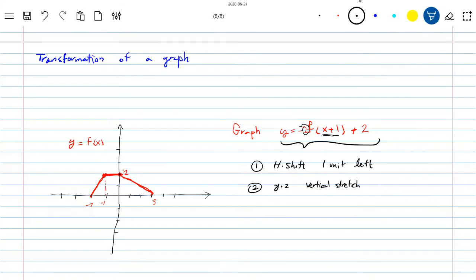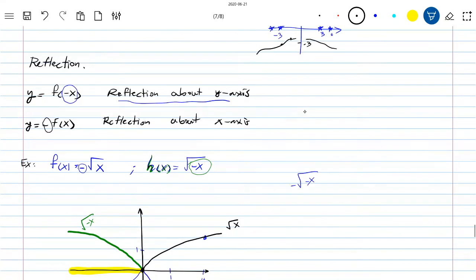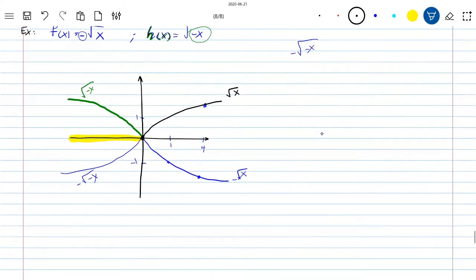Then after that, you can deal with the negative sign. You can combine the -2 actually and say all the y values get multiplied by -2. That's one way to do it. But I'm going to break it down so I've discussed the reflection as well. This negative number outside means negative f of x, as we discussed above. You multiply a negative outside the function, it's a reflection about the x-axis.